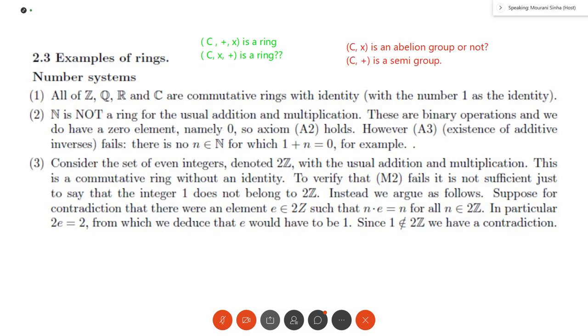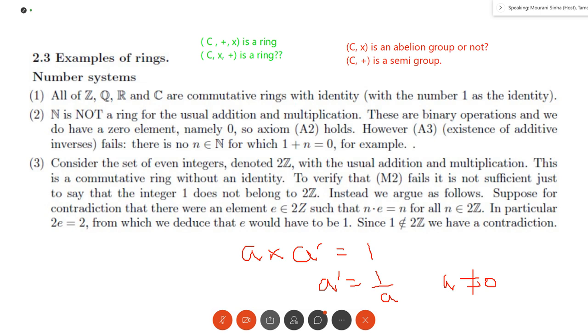But when I'm finding the inverse, my formula will be like this. A multiplied by A dash is equal to 1, because the multiplicative identity is 1. So my A dash is equal to 1 by A. Now if A is zero, A cannot be 0. So there is a problem with the inverse here.